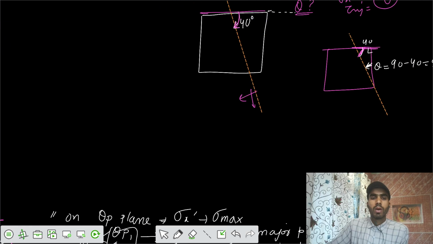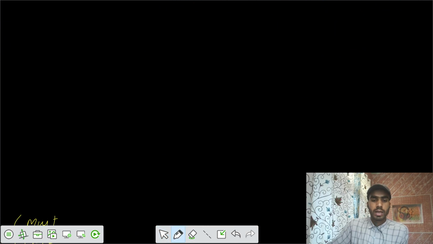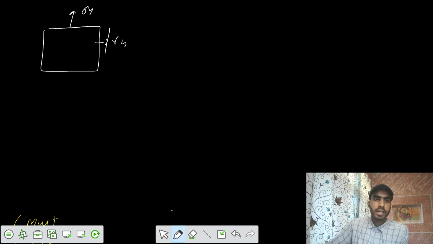Similarly, let's take one more stress element. On that you already know there is some sigma y, sigma x, and tau xy. You want to say what's the value of stresses on a plane that's making 120 degrees clockwise with respect to the horizontal axis.